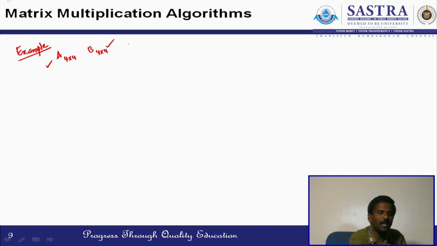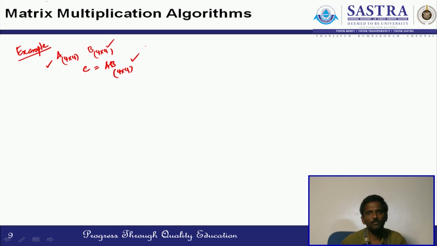We need to find a matrix C, C is equal to A into B. The resultant matrix C is also of the same order 4 by 4. In this case, how do we apply the divide and conquer logic?